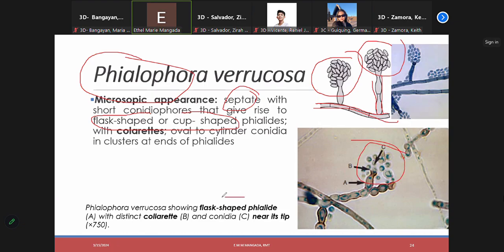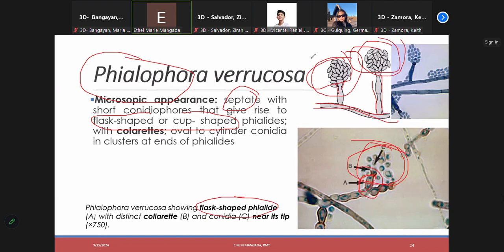Remember, flask-shaped phialide. Okay? That's the phialide, with distinct collarette. Collarette daw yung appearance. And conidia near its tips. So flask shape yung phialide tapos collarette appearance, yan, collarette.